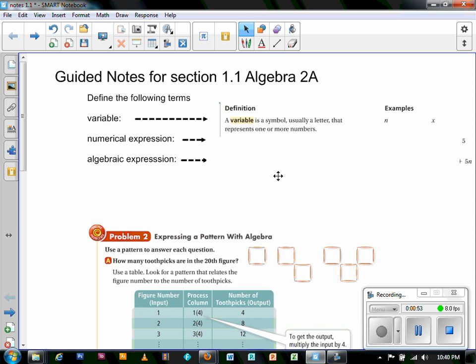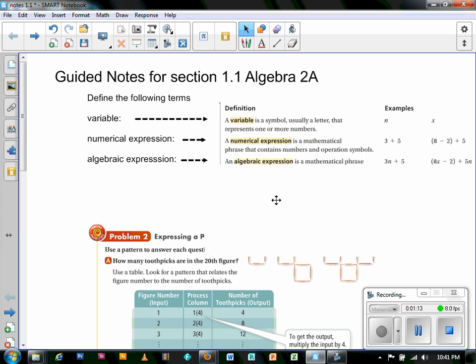In algebra, we're going to use the letters X, Y, Z, N quite often, but any letter of the alphabet can represent one or more numbers, and is called a variable. A numerical expression, as you can see from the definition, is just a mathematical phrase using just numbers. And an algebraic expression is very similar to the numerical expression, except it has variables. So those are our three definitions.